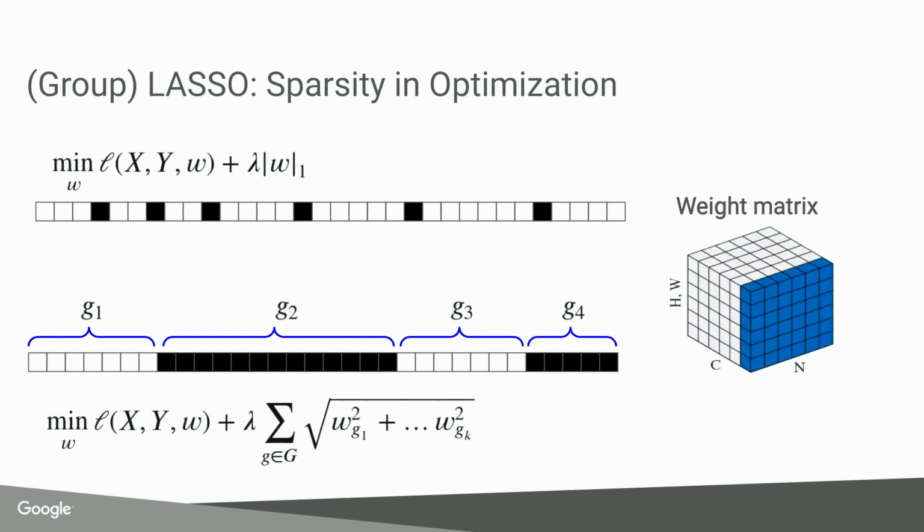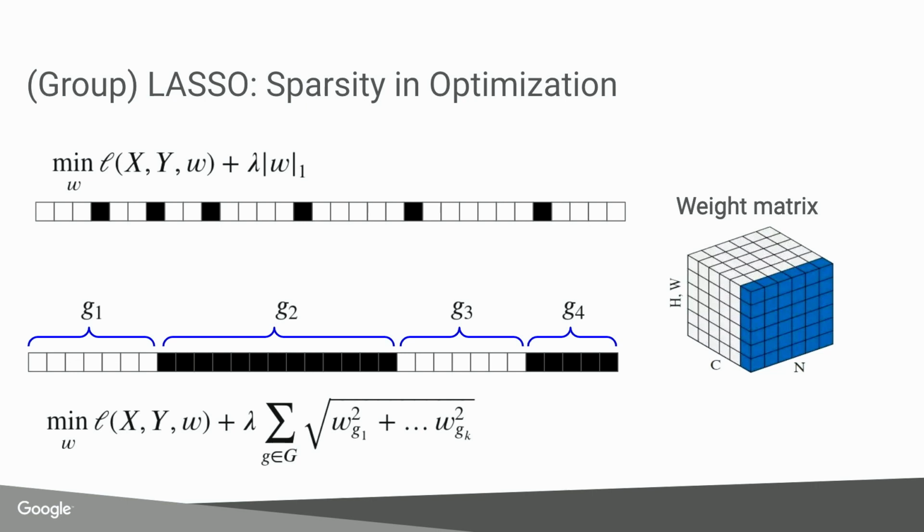So what we're more interested in is grouping weights together. Fortunately, there is the group LASSO. Some of you are probably familiar with it, a type of work that takes the L2 norm, not the L2 norm squared, of a set of elements. And this behaves very much like the L1 in the sense that if the L2 norm of some group is 0, it means that all the elements are 0, so basically you don't need it anymore.